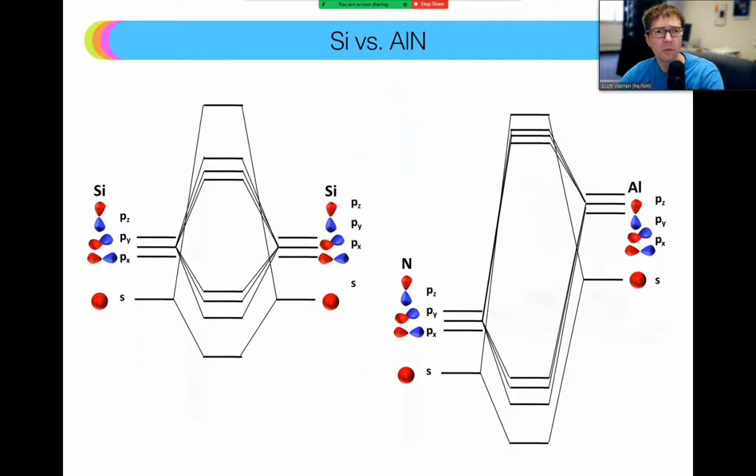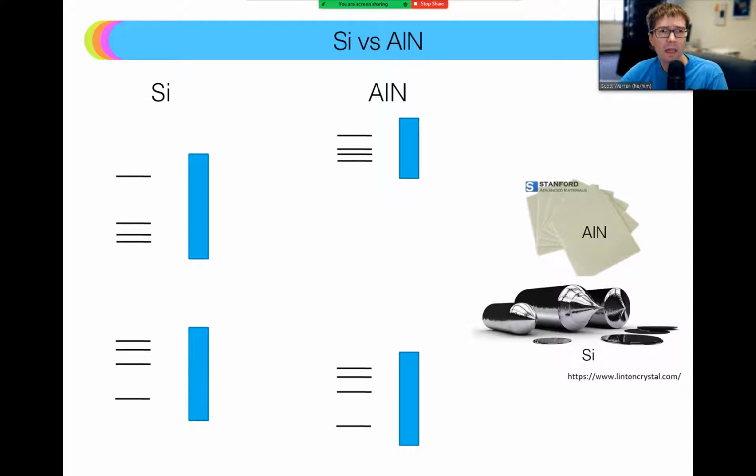Okay, so now when we take these MO pictures and we extrapolate these energies into bands, so this is our filled valence band, and this is our empty conduction band in silicon, we have a small-ish band gap of 1.1 electron volts.